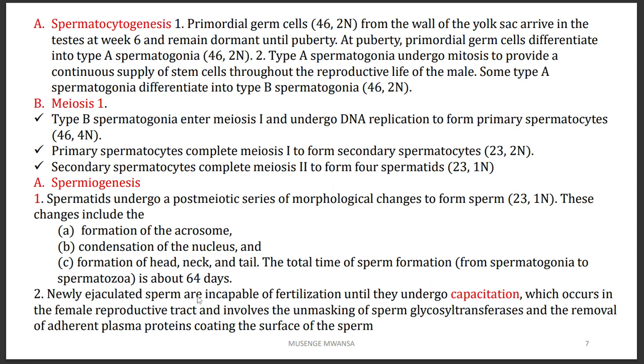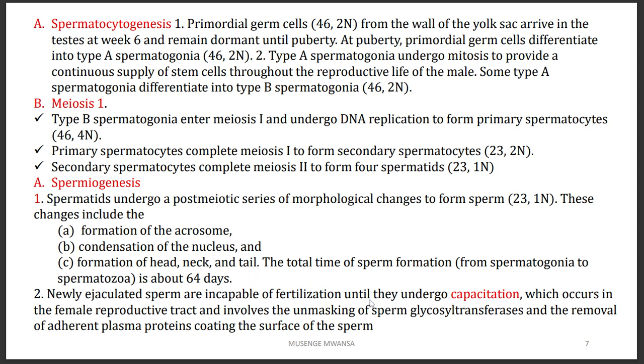The newly ejaculated sperm are incapable of fertilization. This is what we need to know because they undergo capacitation. When a sperm has been formed, there's going to be a glycosyl transferase and a plasma protein coating on the head. So this is to prevent these sperms from searching for the ovum in the male reproductive tract.